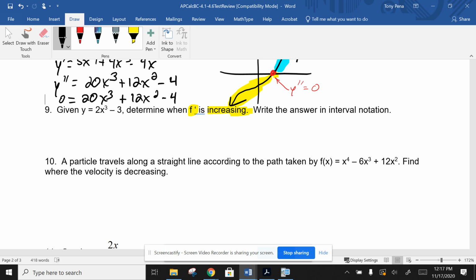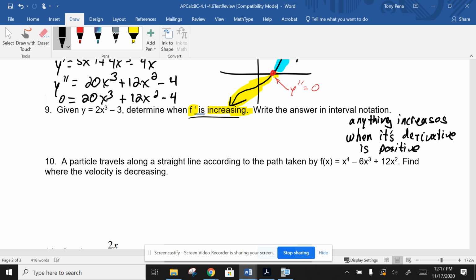So what you want to understand, anything increases, I'll write it down. So anything increases when its derivative is positive. So if I want to know this question, if I want to know when f prime is increasing, let's first get to f prime.